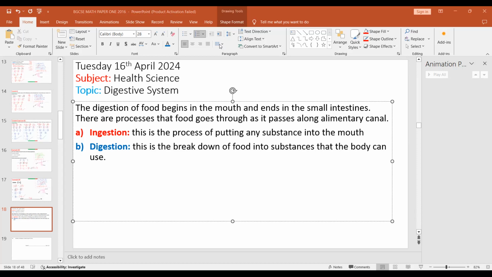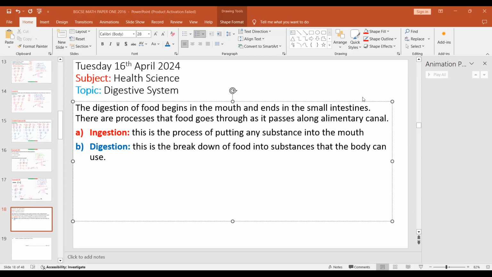Okay, now Dior, what is digestion? Digestion is the breakdown of food into substances that the body can use. Very good. Digestion is breaking down the food into substances that the body can use.